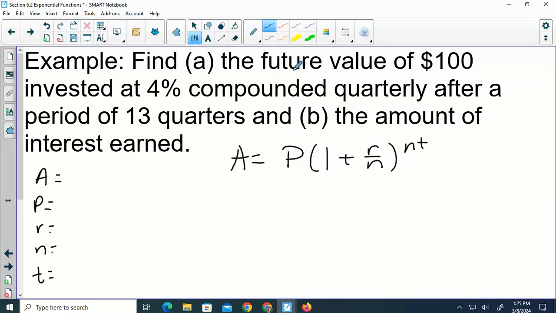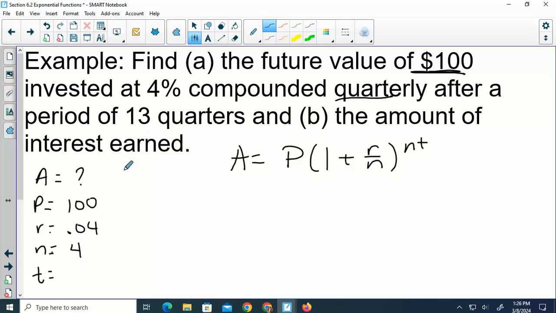So we don't know our future value, so that's unknown. $100 would be the principal, our present value. 4%, so we have to do it as a decimal, so our rate is 0.04. Compounded quarterly, which is how many times a year? 4.